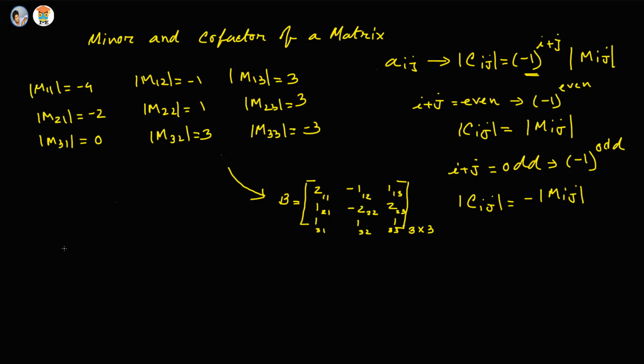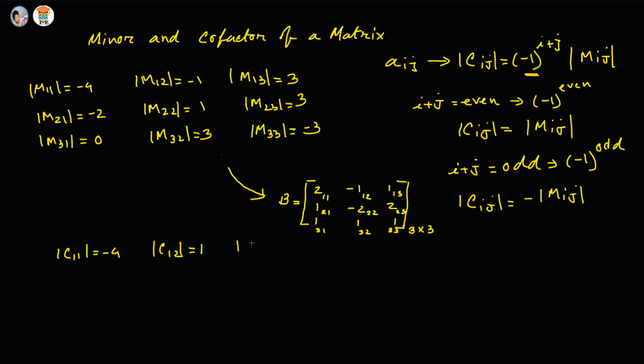So now if we write down the cofactors from the minors, for the first element, i plus j is equal to 2, which is an even number, so minor will be equal to cofactor, so C11 will be equal to -4. Then for the second element C12, i plus j is odd, so the cofactor will be 1.